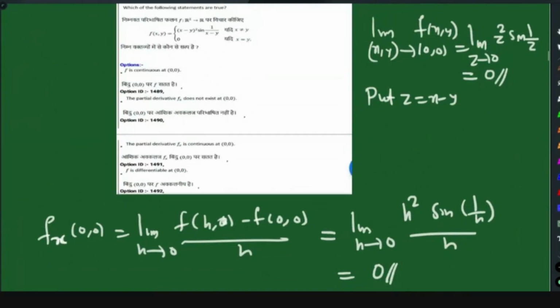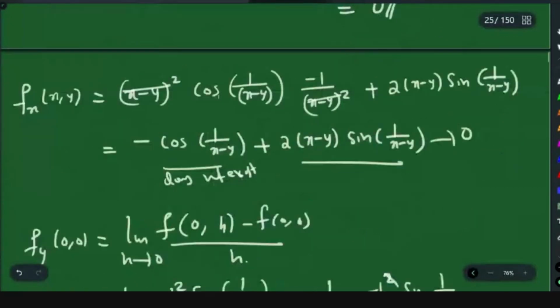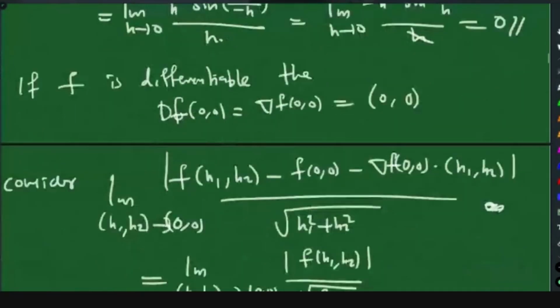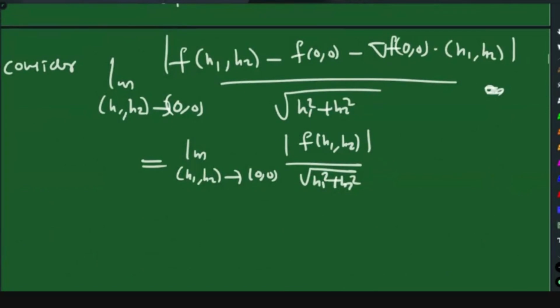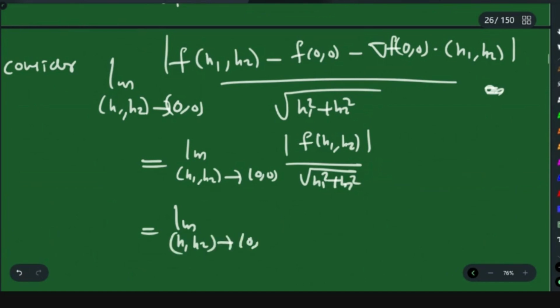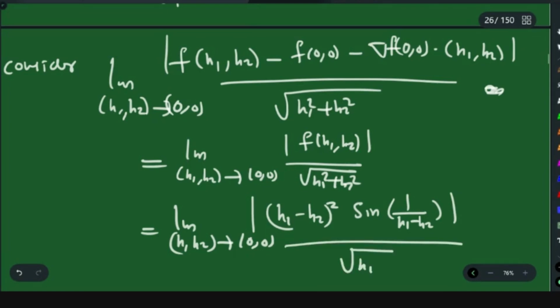So you will get limit (h1, h2) tends to (0, 0) of h1 minus h2 square into sine of 1 by modulus h1 minus h2, divided by root of h1 square plus h2 square.